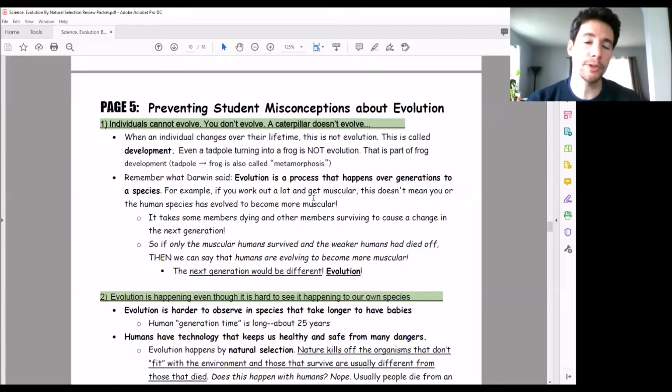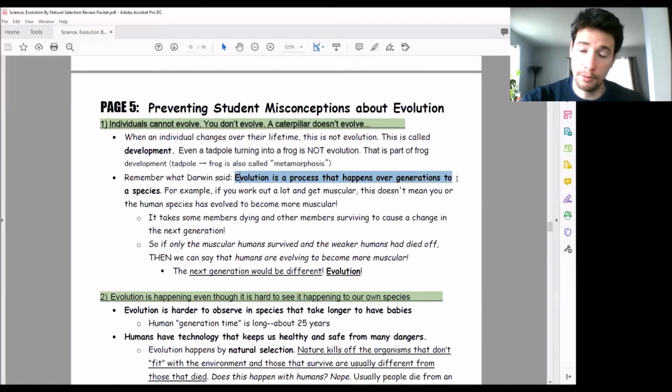Humans can't do the metamorphosis thing, but we do develop, right? We do end up growing facial hair if you're a male, and that allows bodily changes so that you can reproduce. And this is development. This is not your evolution, okay?